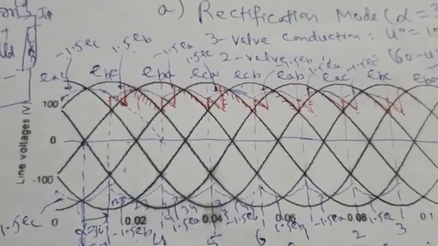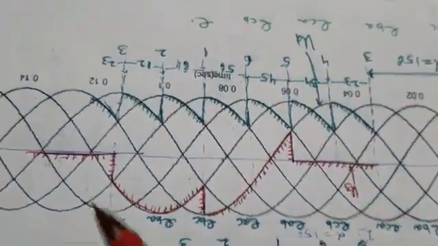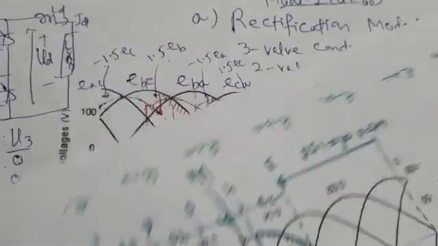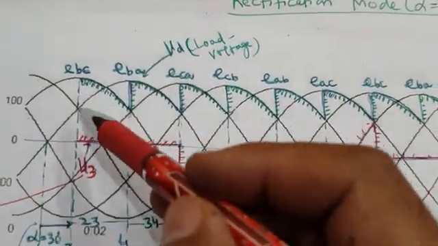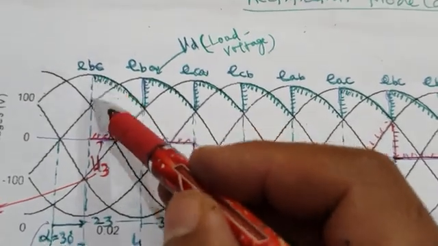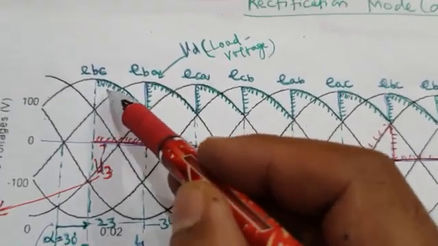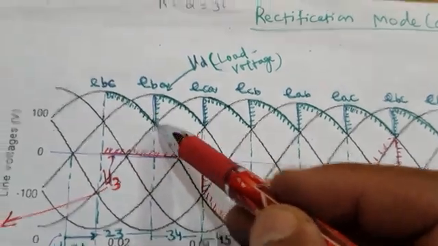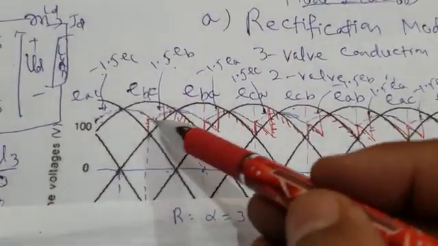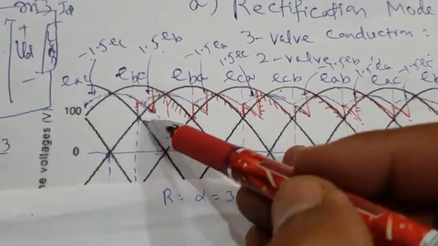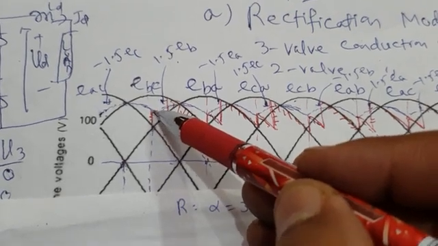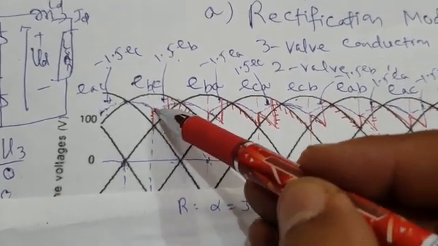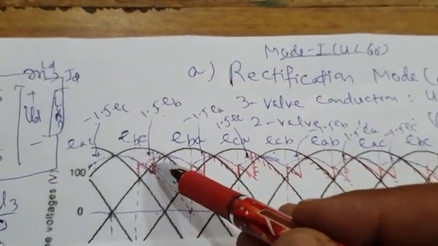See, for 2 valve conduction, if you remember, I will put this here. This is for 2 valve conduction. In 2 valve conduction also you started with the firing of valve 3, and for the entire 60 degree interval your load voltage was EBC. But what happens here? This is your entire 60 degree interval, from here to here. Your load voltage is not EBC. In this 60 degree interval, for 15 degrees your load voltage is minus 1.5 times EC.